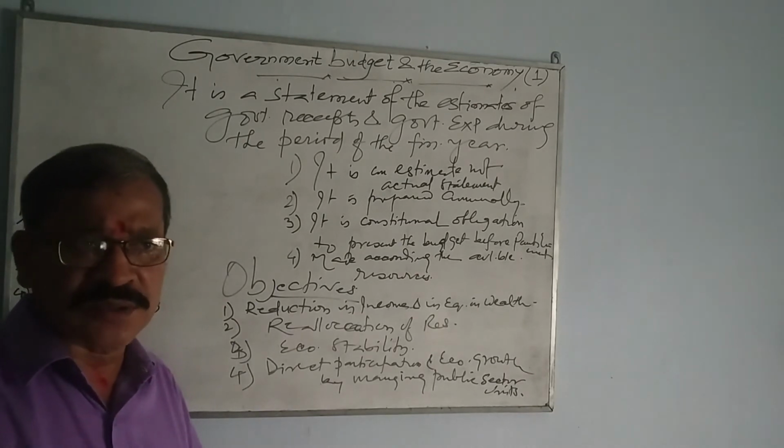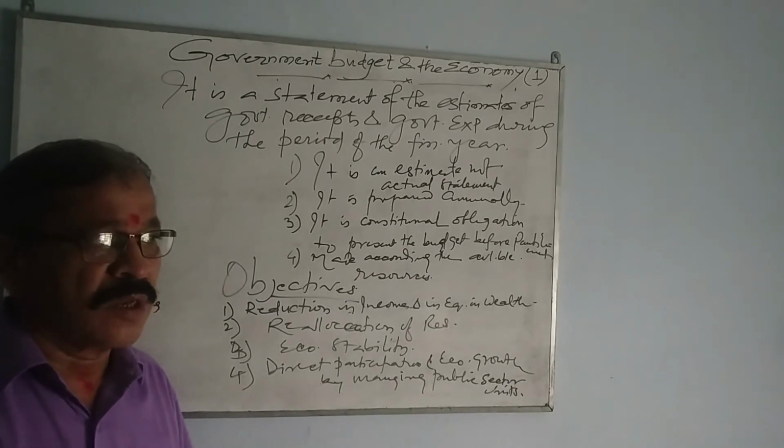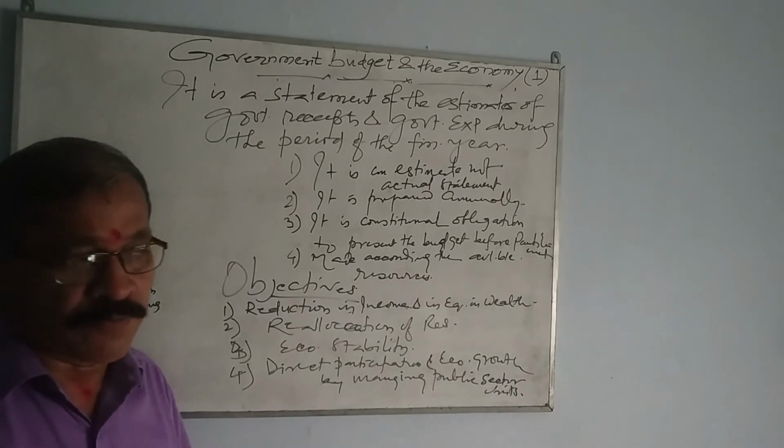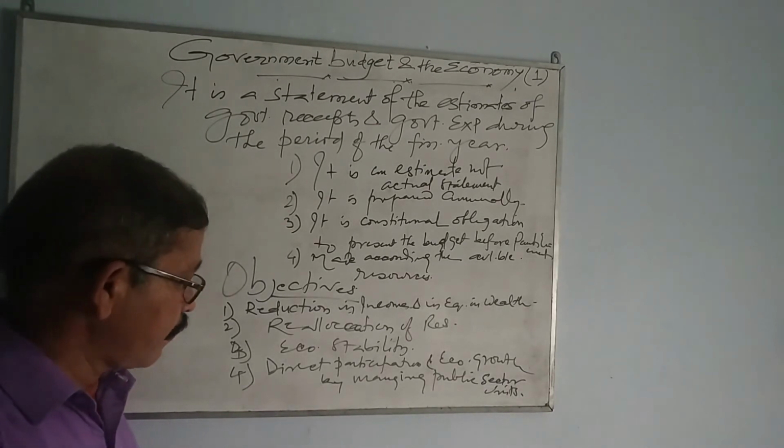So using all these methods, the taxation method, the subsidies method and all other methods, the government tries to make sure through the budget that there is economic stability.